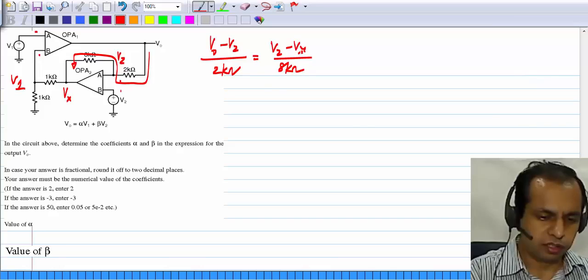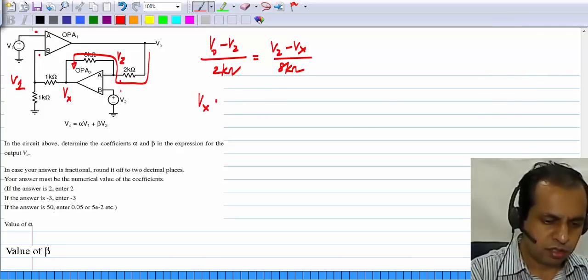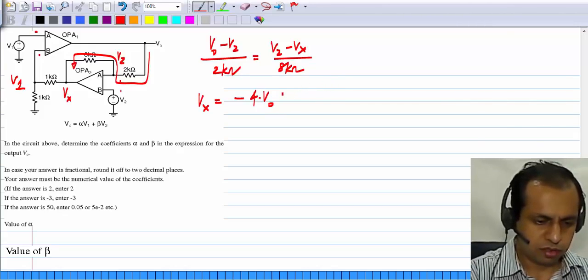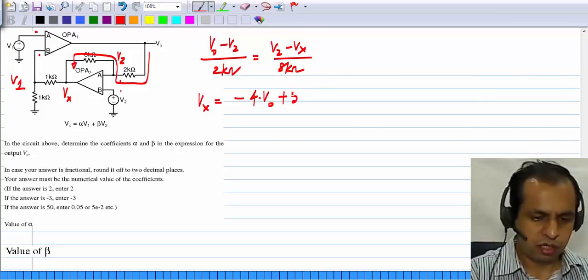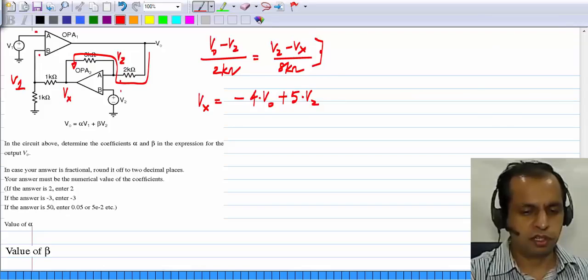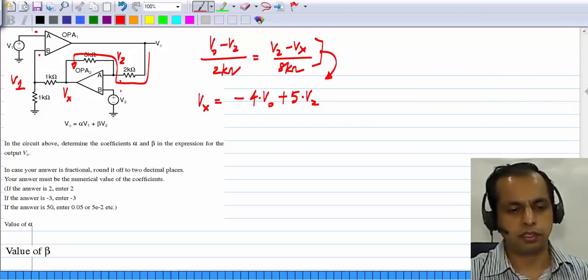So what do we get here? Vx will be minus 4 times V0 plus 5 times V2. You can simplify this expression to give you that.